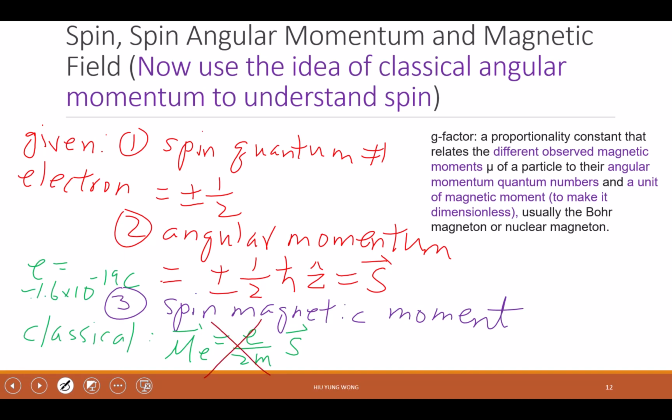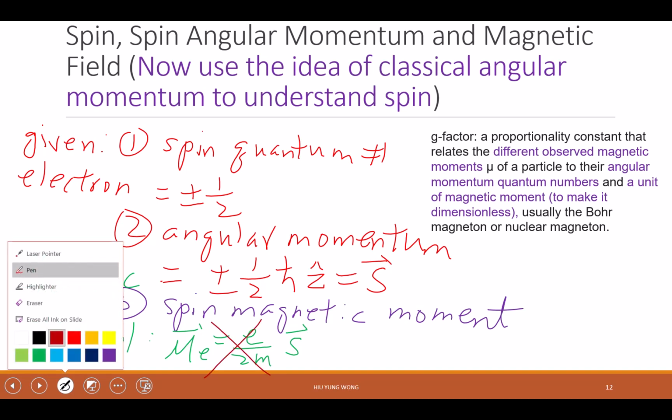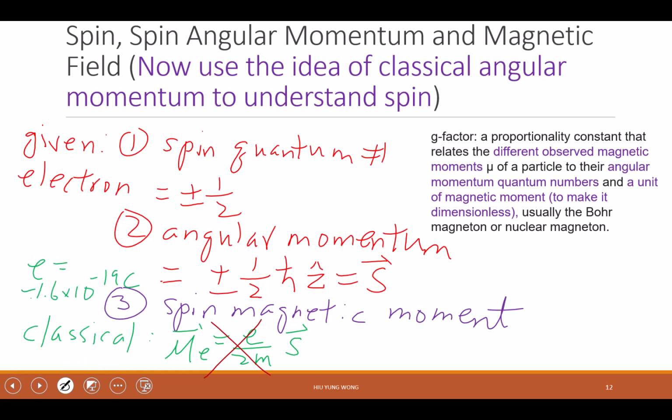This is wrong. It turns out that mu is approximately equal to e divided by m times S. It's approximately 2 times larger for the electron. Then why? Just because it's quantum mechanics. Okay?